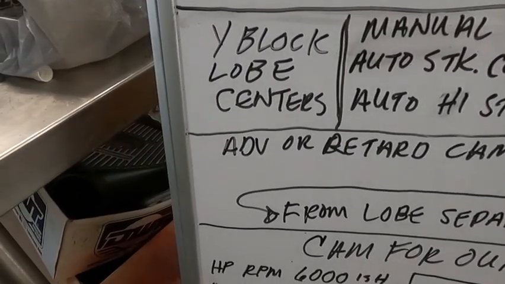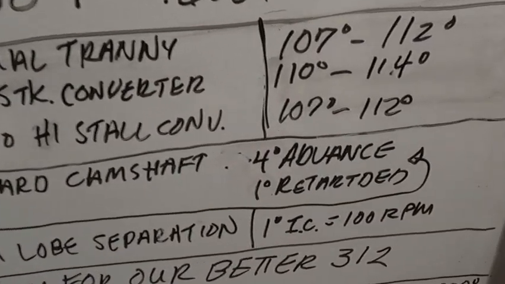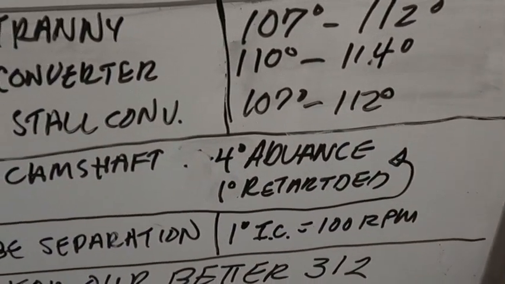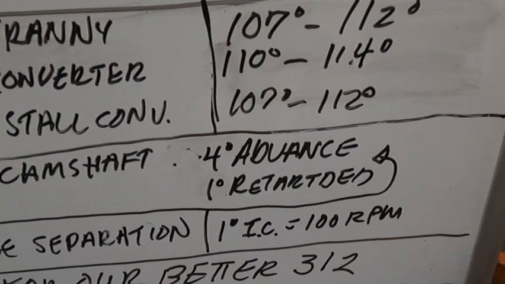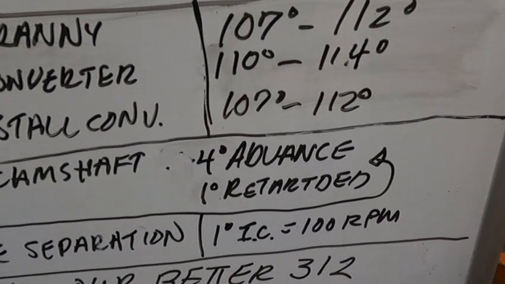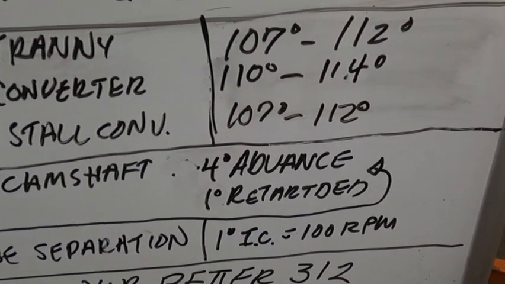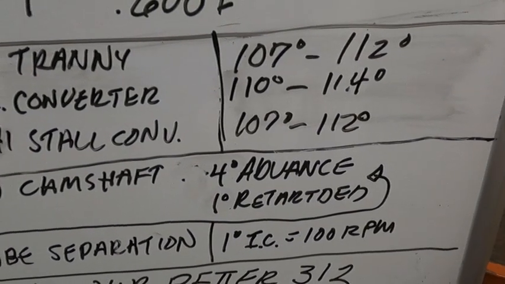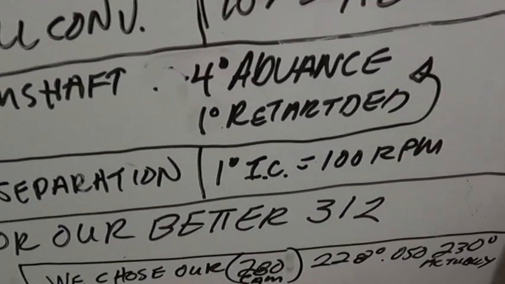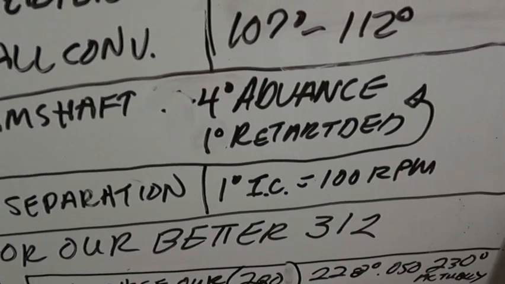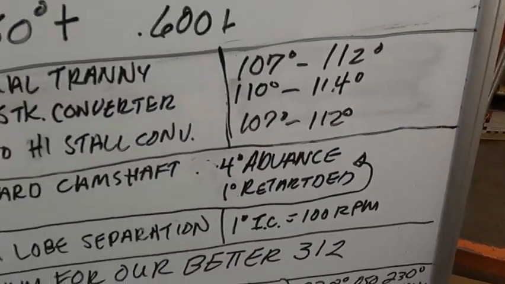As far as advancing or retarding the camshaft when you degree it, we don't typically advance a cam more than 4 degrees, and we won't usually retard it more than 1 degree. Usually most people are trying to advance the cams to get them to do a little more, a little sooner. And back to that rule, typically 1 degree of intake closing equals 100 RPM.